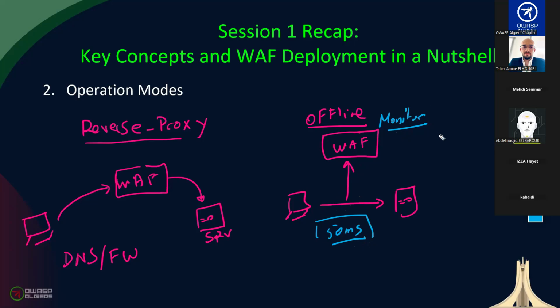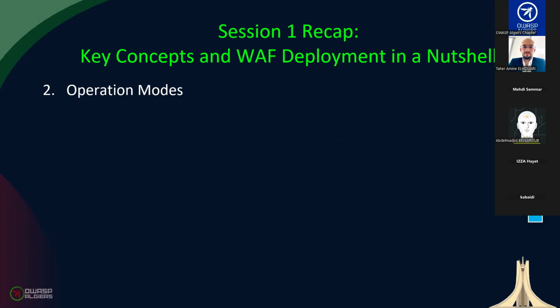The last part: so proxy, reverse proxy, and then offline. The last operation mode is the transparent mode. And we said that the transparent operation mode supports only the inline deployment.